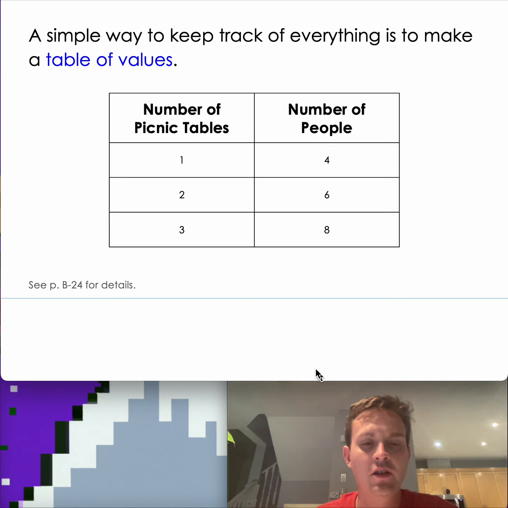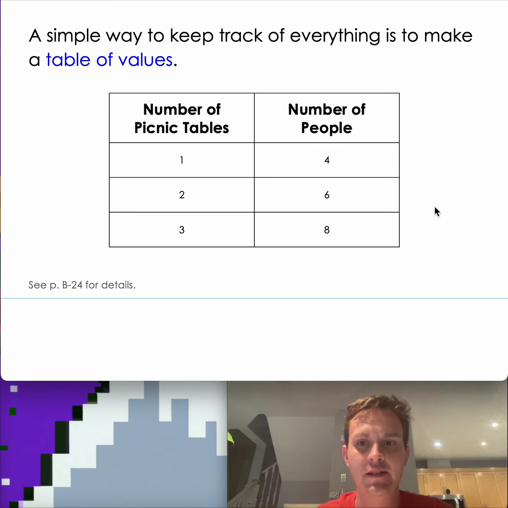So how does the pattern of people change as tables are added? You may notice that the number of people in each successive picture increases by 2, or that the difference between the terms on the right-hand side of this table of values increases by 2 each time.